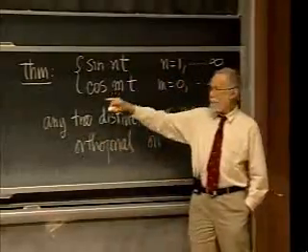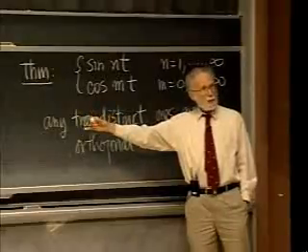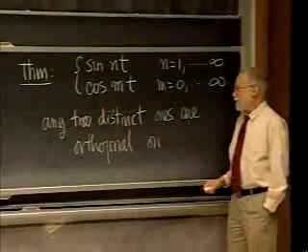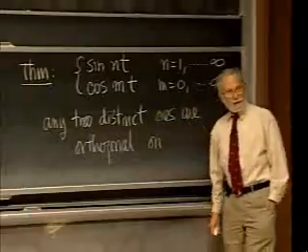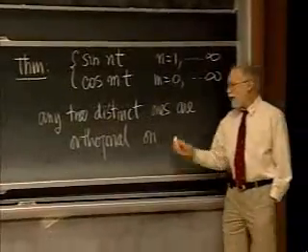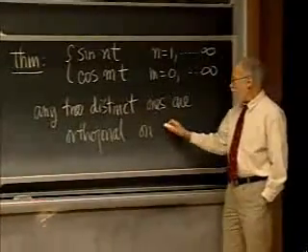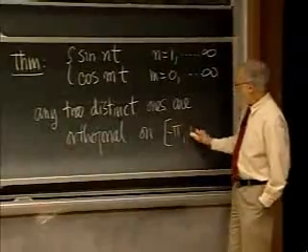Of course, they all have period 2 pi, 2 pi is a period for all of them. So they form into this general category, but any two of the distinct ones are orthogonal on the interval from minus pi to pi.